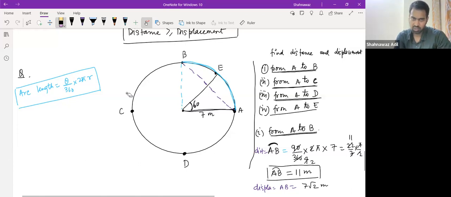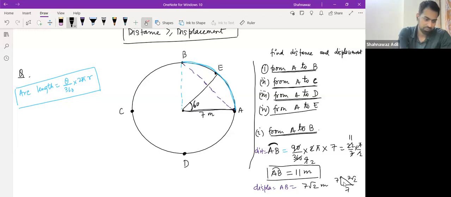So you just draw the diagram here. Yes, noted.